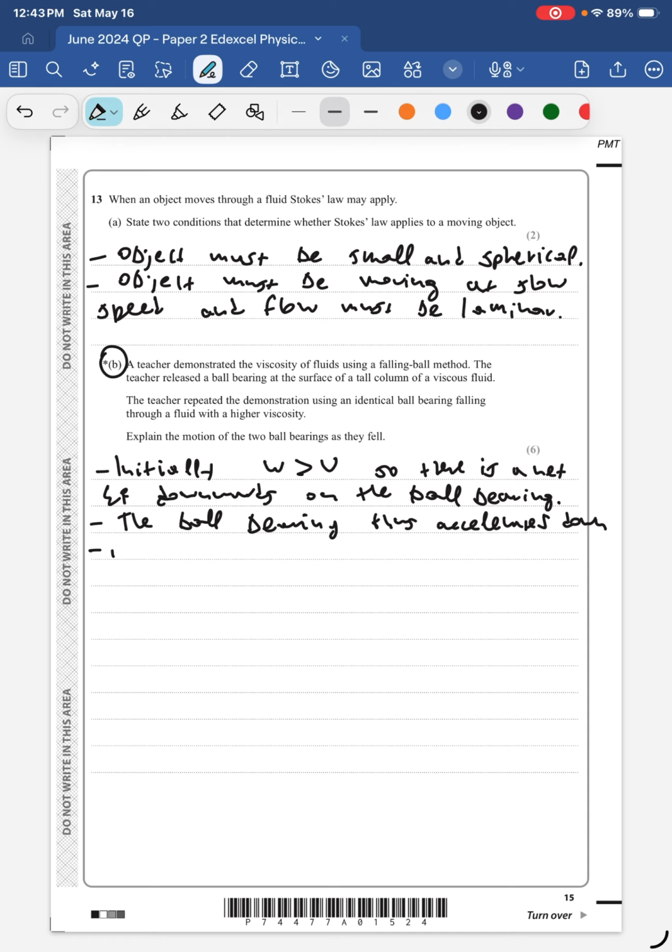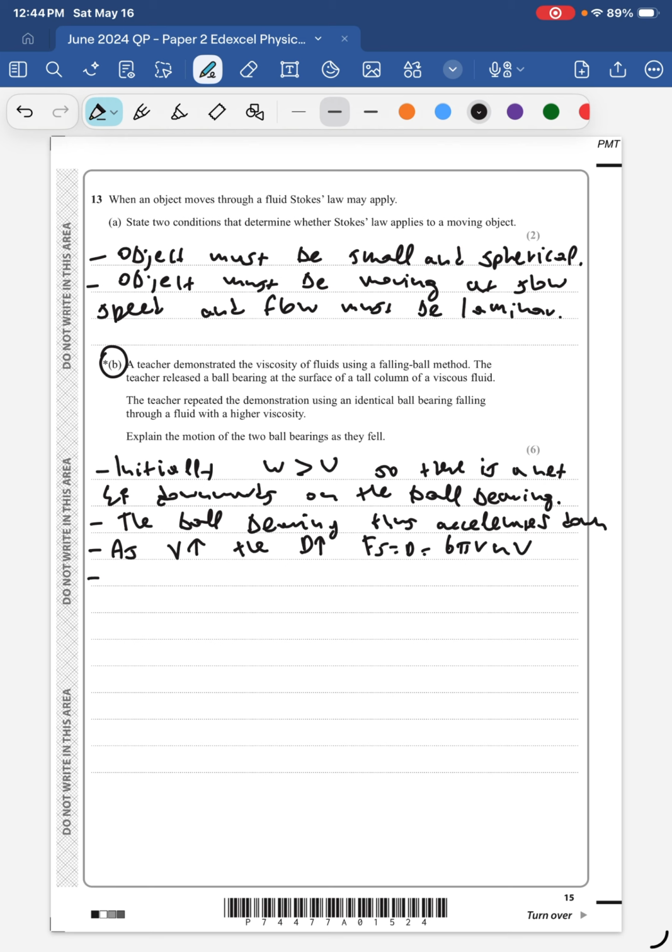As V increases, the viscous drag increases, because remember that the drag is 6 pi r eta V. So as V increases, the drag increases.